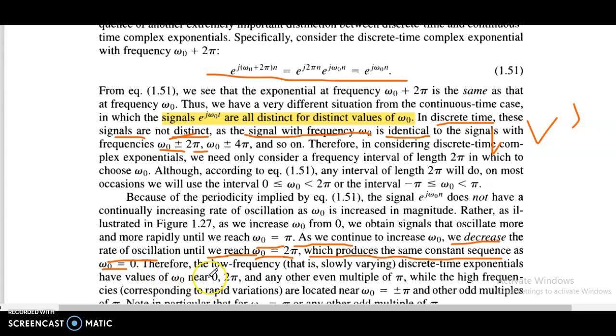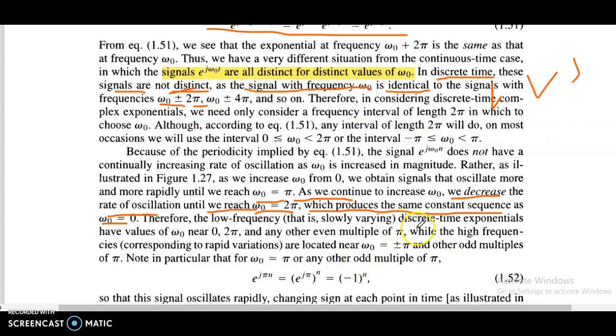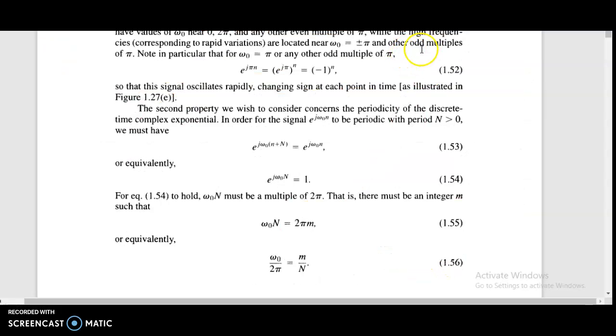Therefore, the low-frequency, slowly varying discrete-time exponentials have values of ω₀ near 0, 2π, and any other even multiple of π, while the high frequencies, corresponding to rapid variations, are located near ω₀ equal to plus or minus π and other odd multiples of π.